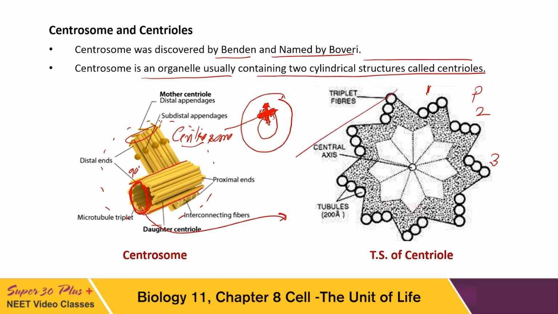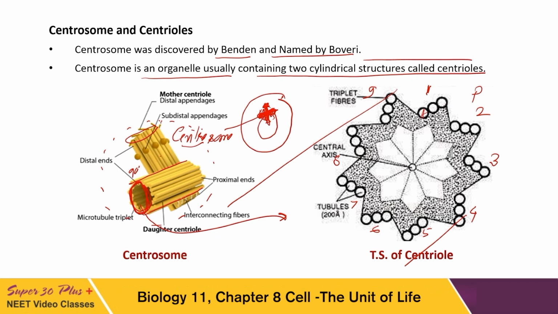To facilitate this, let the structure be like this. This is a hollow tubular structure. 1, 2, 3, this is 4, this is 5, this is 6, this is 7, this one is 8, and this one is 9. There are 9 structures at the periphery, and each is made up of 3 subunits.